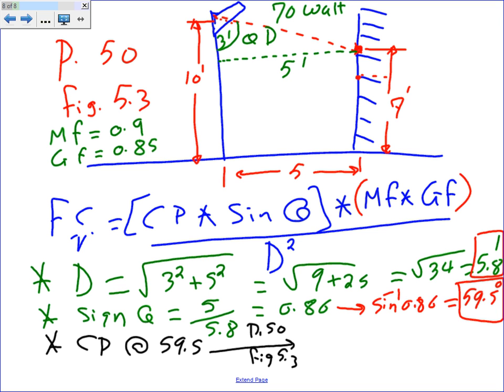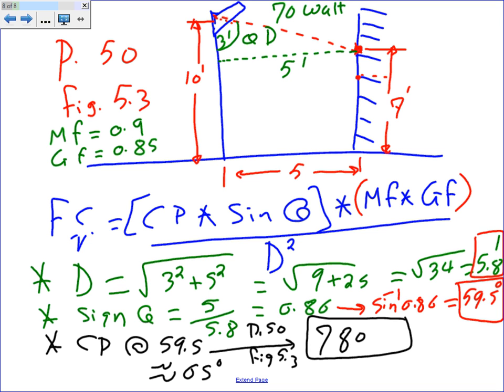I'm going to go close to 60, so I'm going to go to 65. I'm going to make this one approximately 65 because I'm lazy to do interpolation. And based on 65, I have 780 candela power.